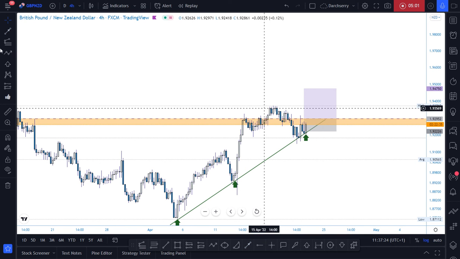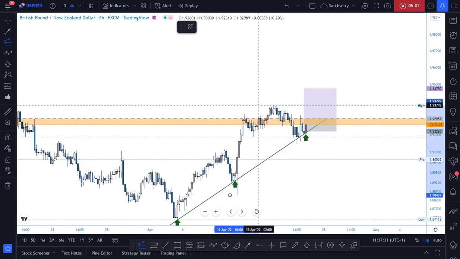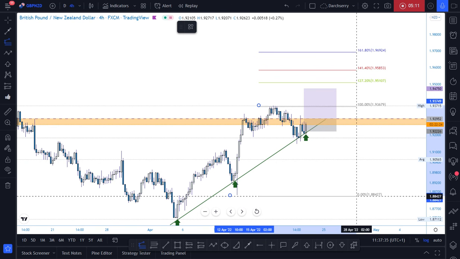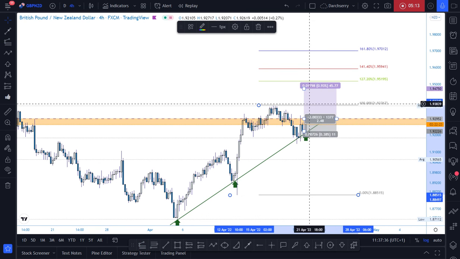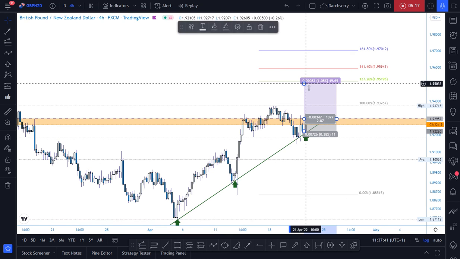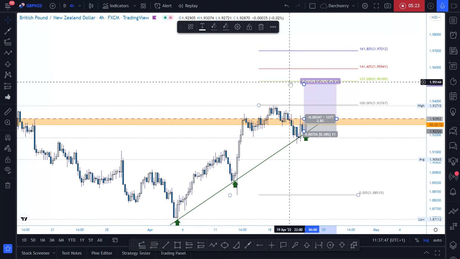The Fibonacci extension of that impulse leg is falling at 127.20. Okay, let's put it at 1.95. I think 1.95 will do, and that's approximately 200 pips thereabouts.